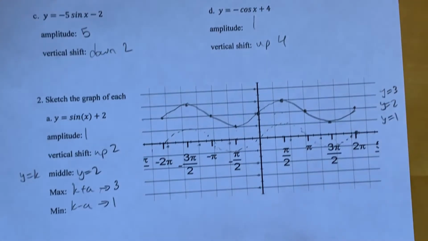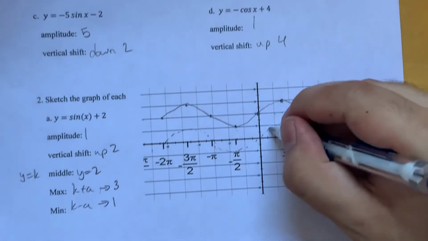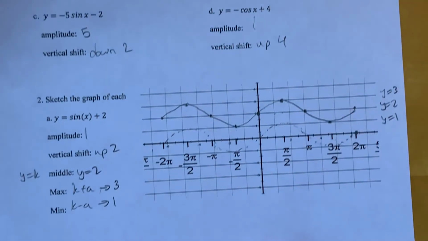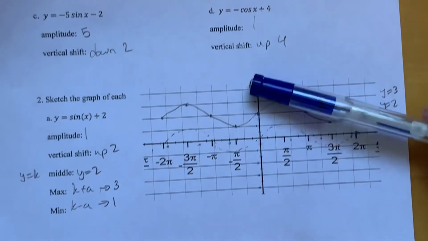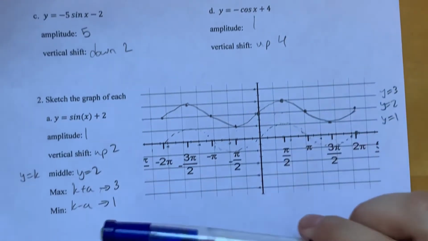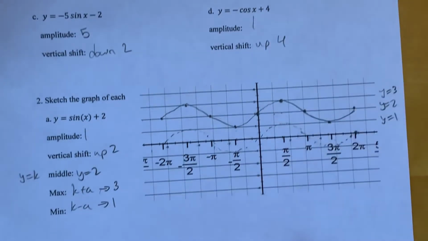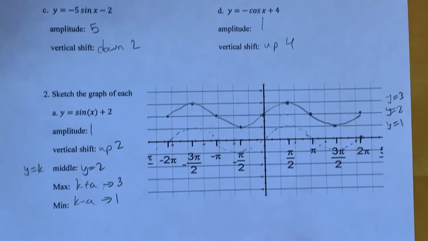So hopefully you guys can see my dotted lines on the video. I really hope I made them dark enough. So you could see that it shifted up, but that was the only shift of the graph. We found the max and min using K because K shifted up the max and min as well. All right, let's move on.